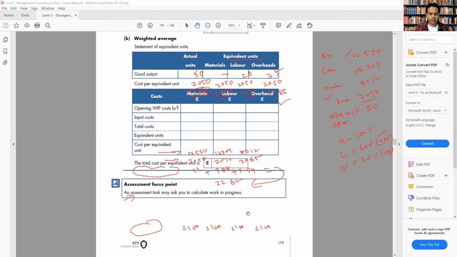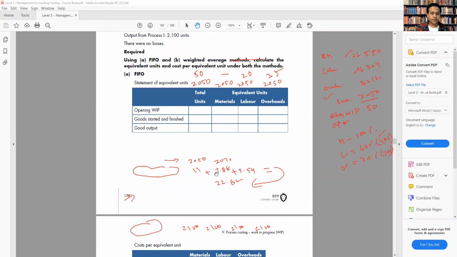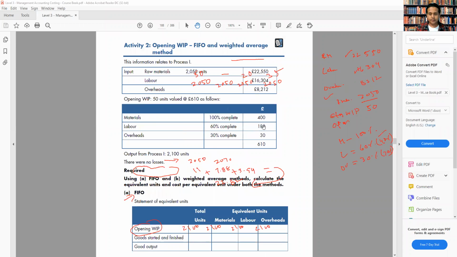So we have the opening cost. The opening cost is from the quotient. If you go back to the quotient, for the opening cost we have 400 for the material, for the labor we have 180, and for the overhead we have 30, so 610.